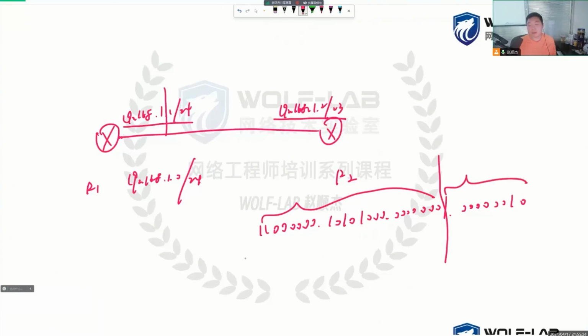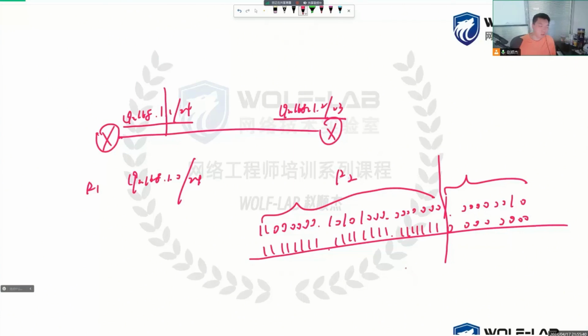The simplest way: copy the positions of 1 directly, and write the positions corresponding to 0 as 0. Then we belong to the network segment 192.168.0.0/23. The first 23 bits are network bits.